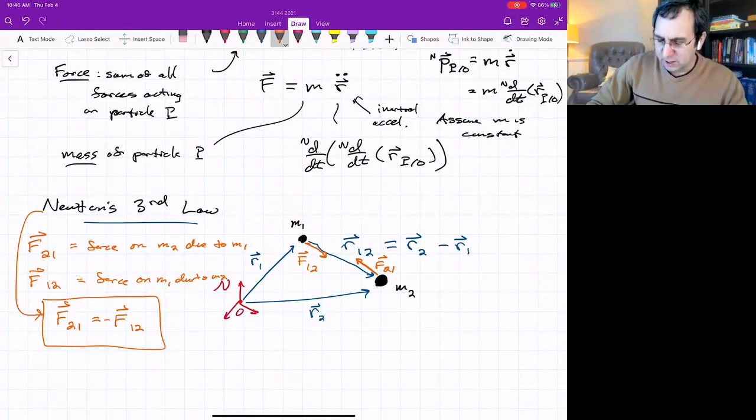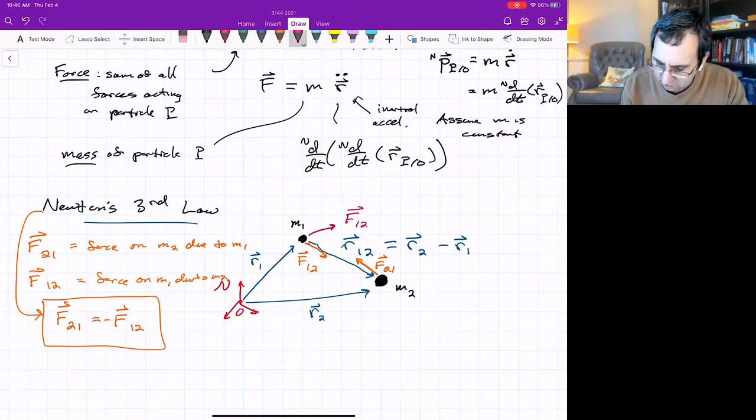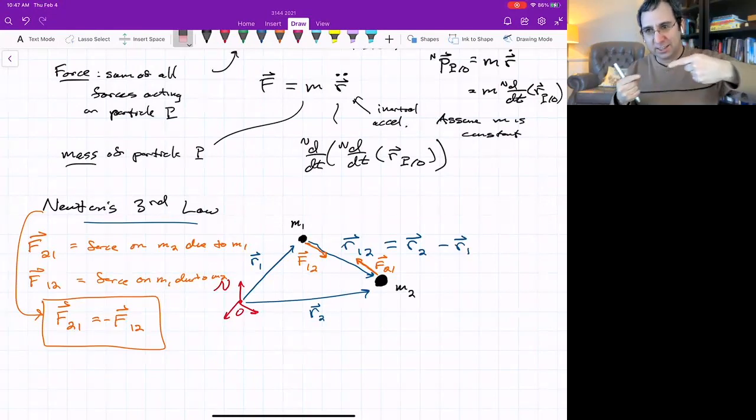Now, you might be thinking, hold on, I know other ways I could have drawn this and they're equal and opposite. Like, why can't I do this? F12, and this is F21. Those are equal and opposite. Yeah, well, Newton did not specify, but it's kind of assumed that the only real forces to which this applies are forces along the line connecting the 2 points.